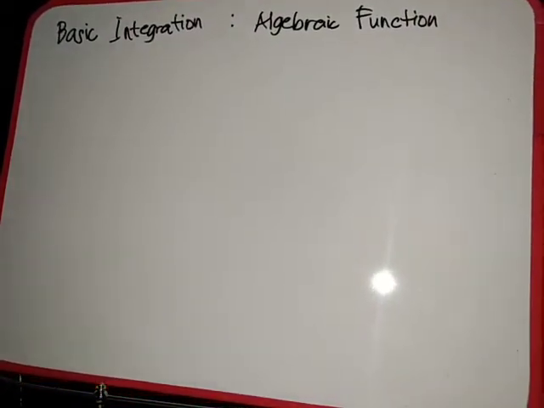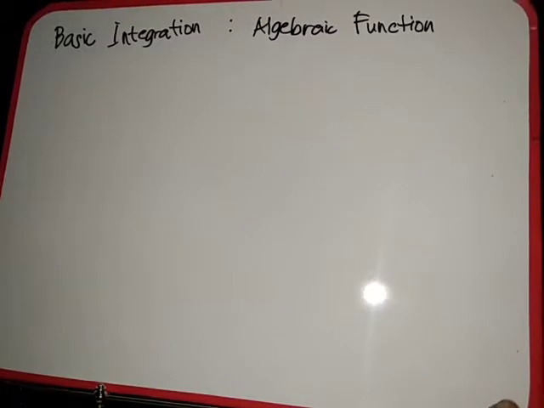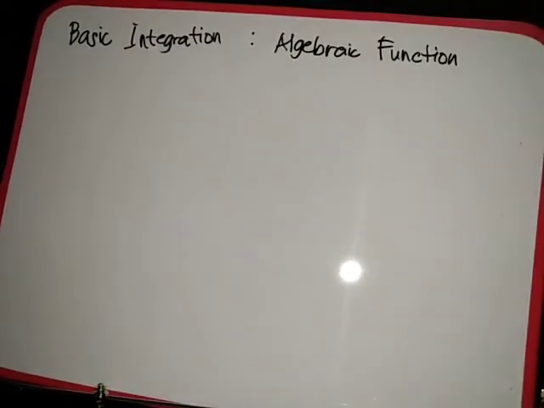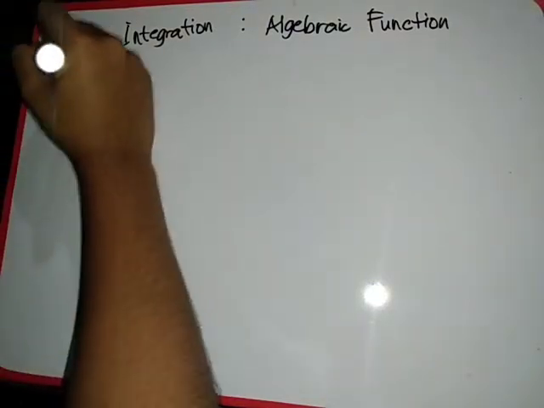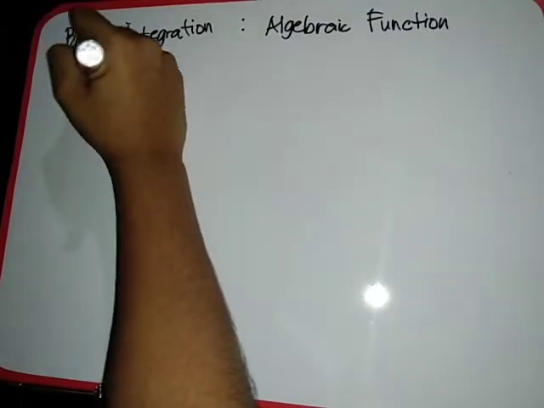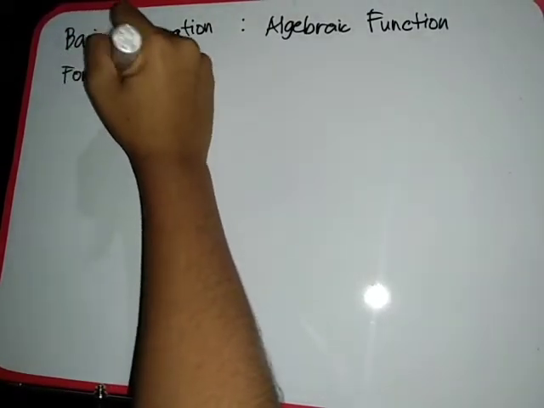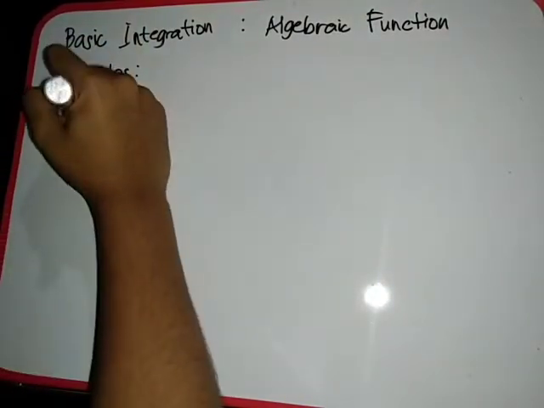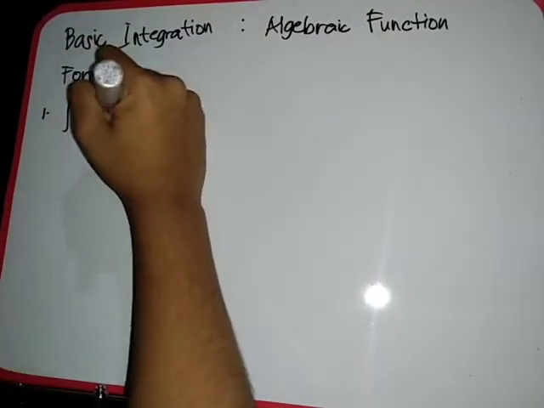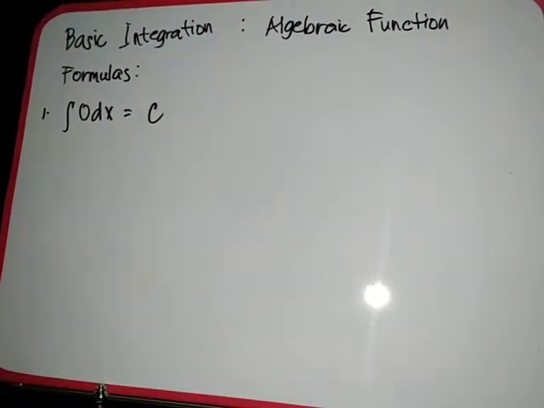We have here the algebraic function, and then we have 5 basic integration formulas for algebraic function. Number 1 is the integral of 0 dx is equal to c.